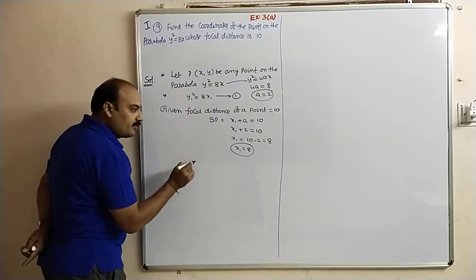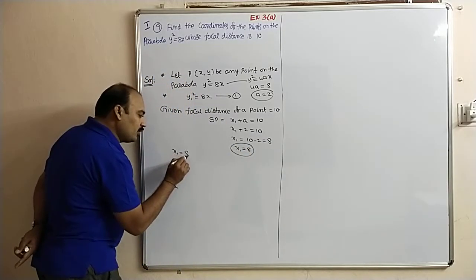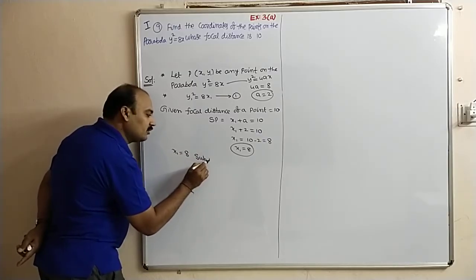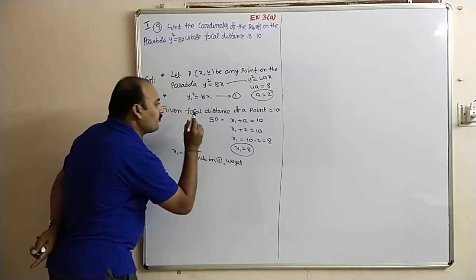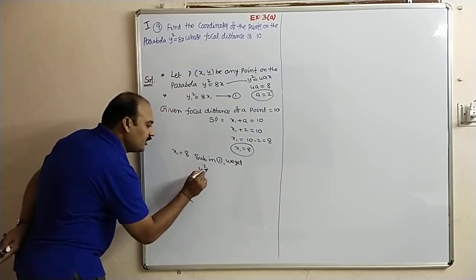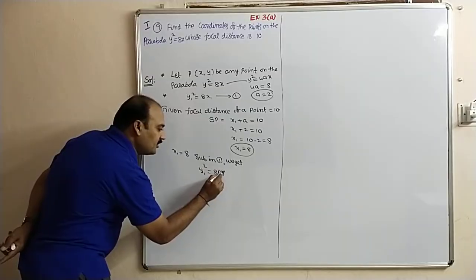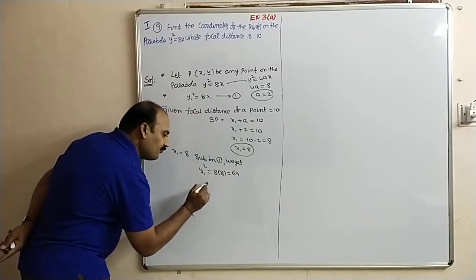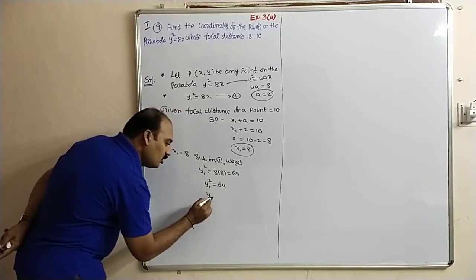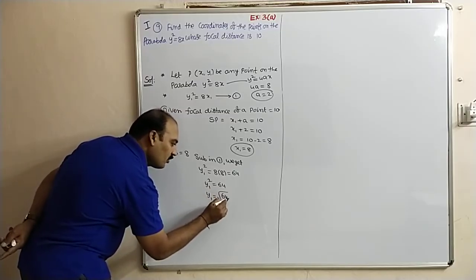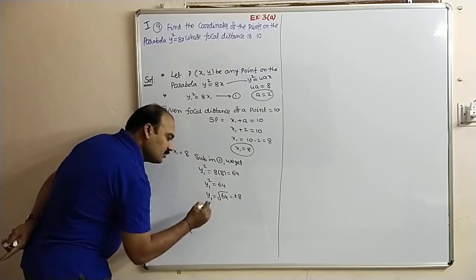Substitute x1 equal to 8 in equation 1. We get y1 square is equal to 8 into 8, which is equal to 64. So y1 is equal to root 64, which is equal to plus or minus 8.